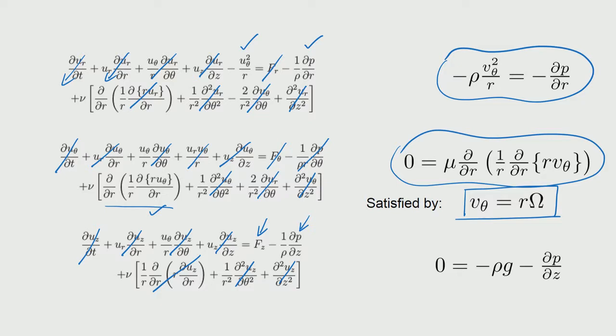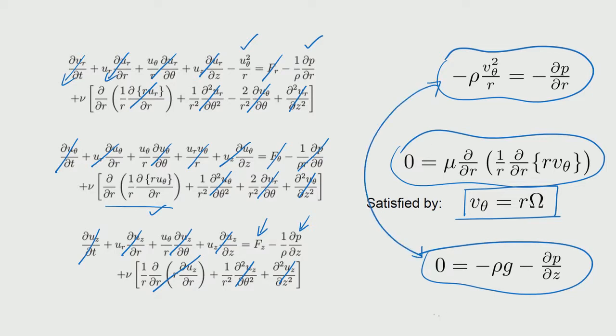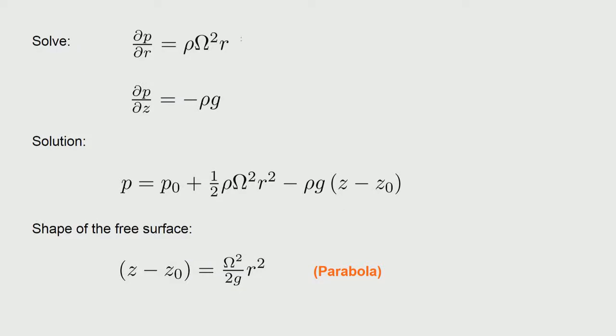Okay. So, you have this equation. You now have these two equations which need to be solved so that we can get P as a function of r and z, and we substitute the V theta expression into this equation. So, we do that, and then we arrive at these two equations which need to be solved simultaneously.